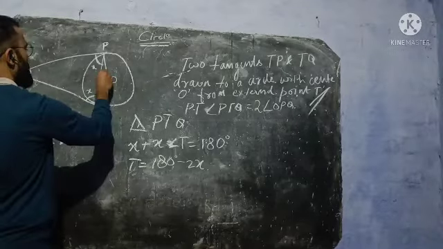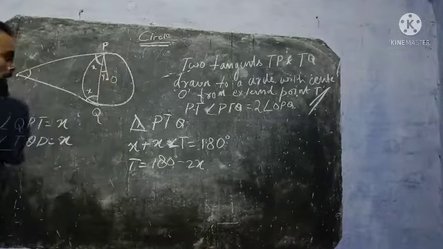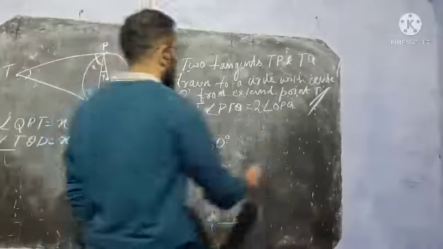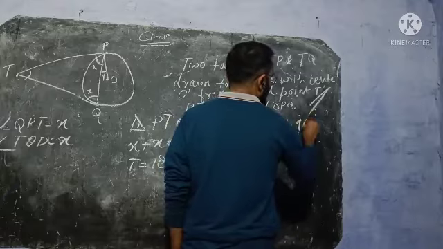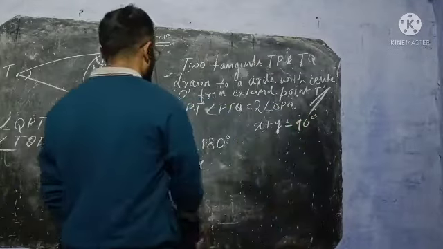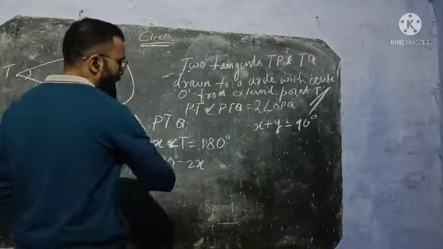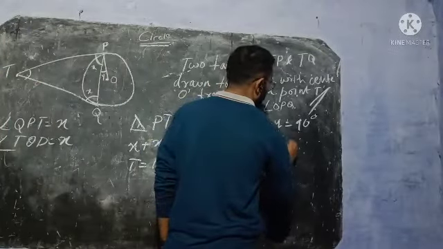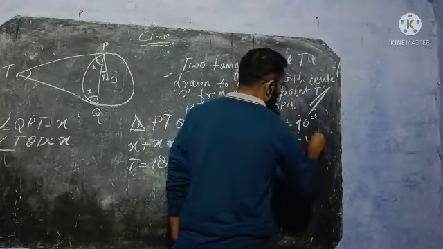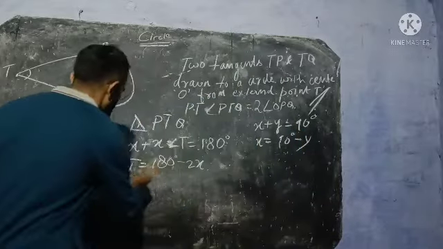Now let's assume that this angle is y. We also know that x plus y is equal to 90 degrees. Now we will replace x: x is equal to 90 degrees minus y. Let's replace it.